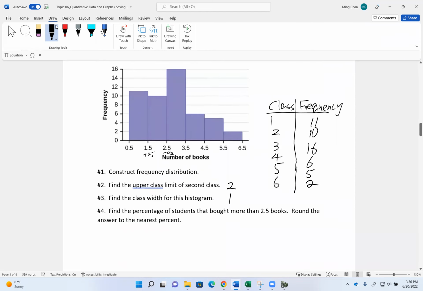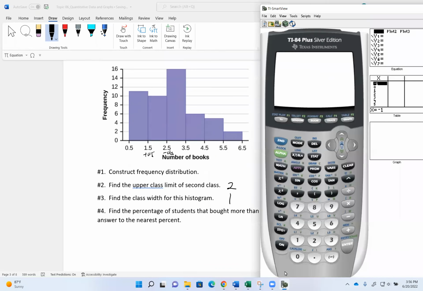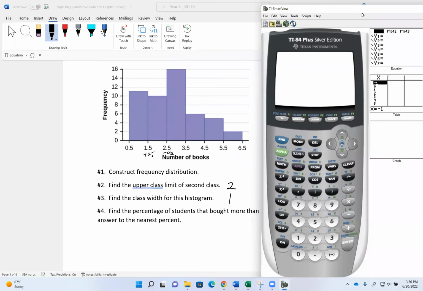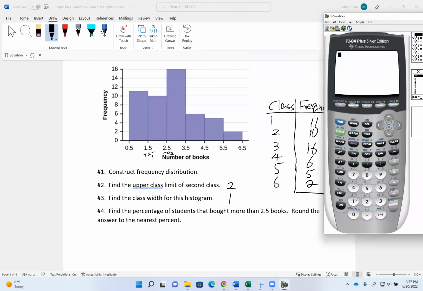So let's see what's the total number of books bought first. This is 50 students. So hopefully when I add them up, it should be 50. So that's 11, plus 10, plus 16, plus 6, plus 5, plus 2.